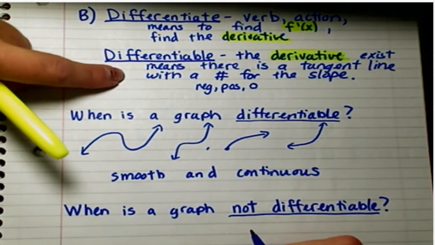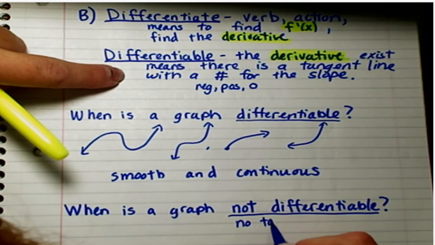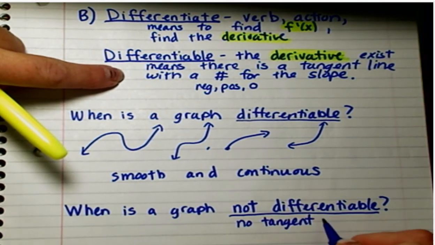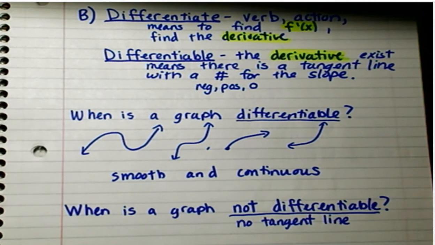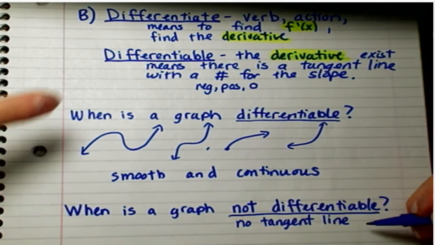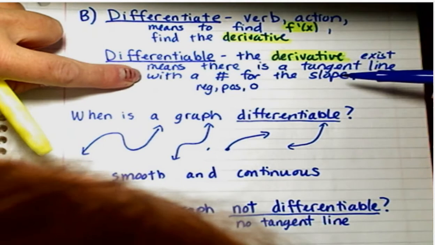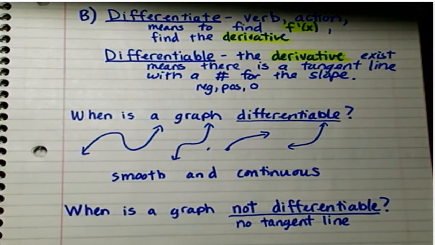So when is there no tangent line? No tangent line, because I'm transferring this definition to something visual. When is there no tangent line? Think way back to Algebra 1. There's 4 types of slopes: positive, negative, 0, and the other one, undefined.